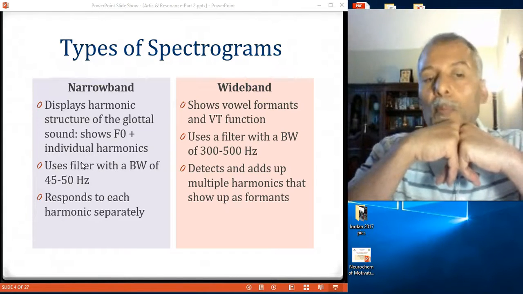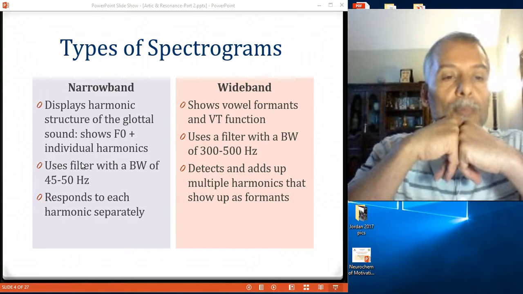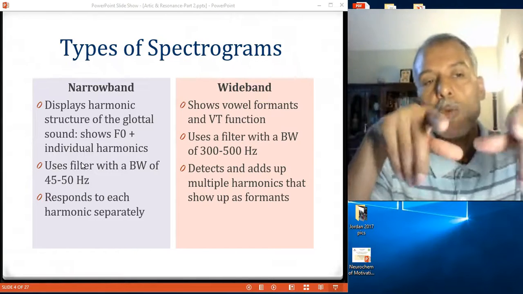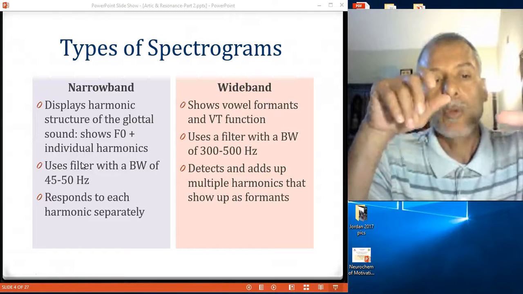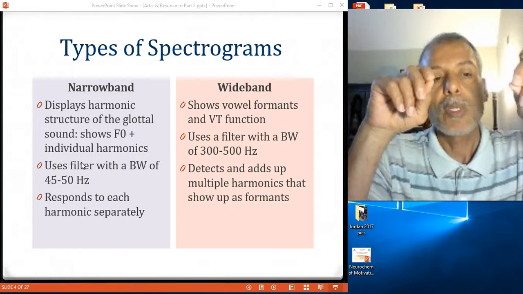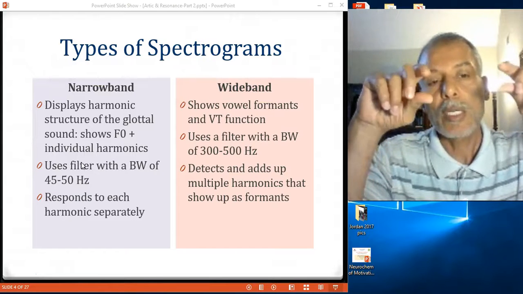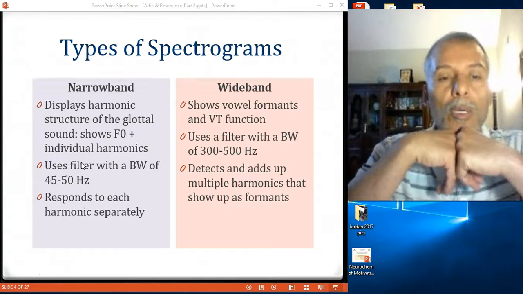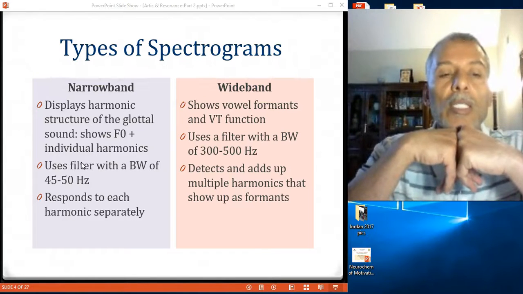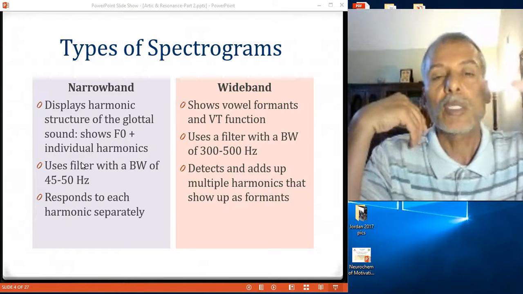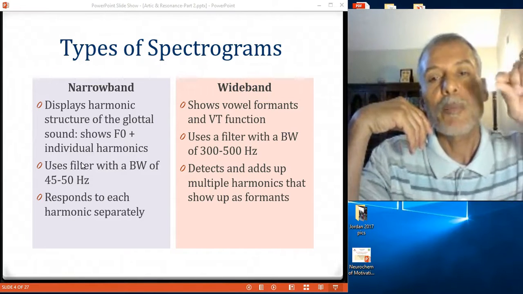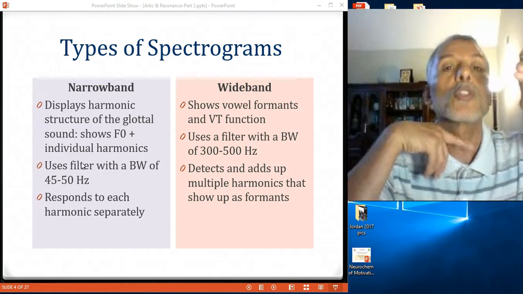So the narrowband spectrogram looks for each harmonic in the vocal fold vibration. It looks at each harmonic separately. So it wants to identify specific vibration patterns of the vocal folds, of the source.